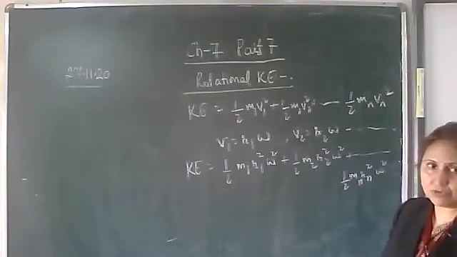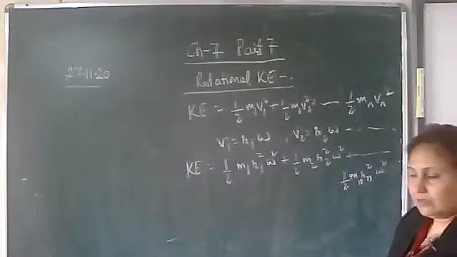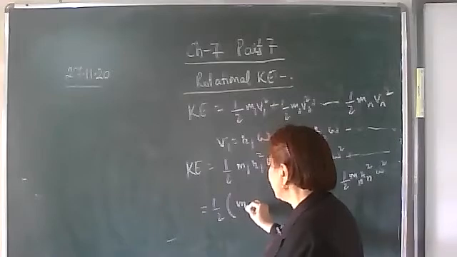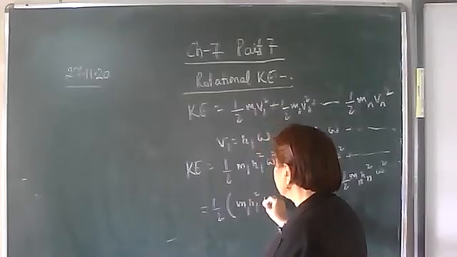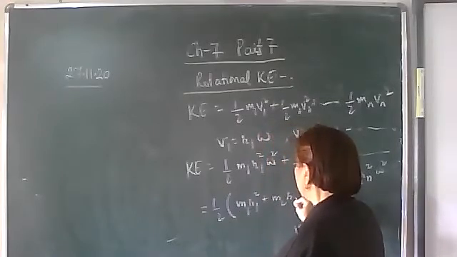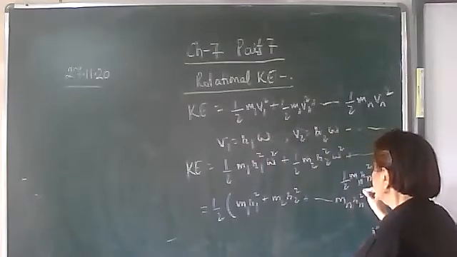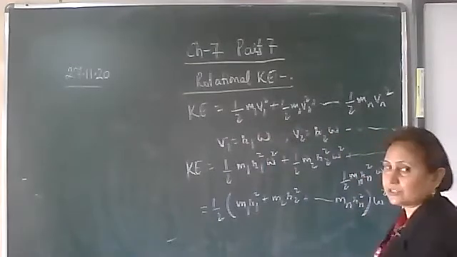Take omega square and half outside, common. Inside the bracket, m1 r1 square plus m2 r2 square, plus mn rn square, into omega square.